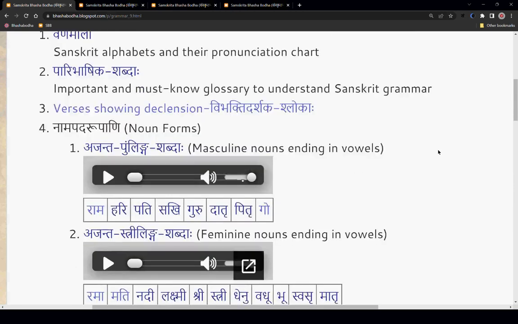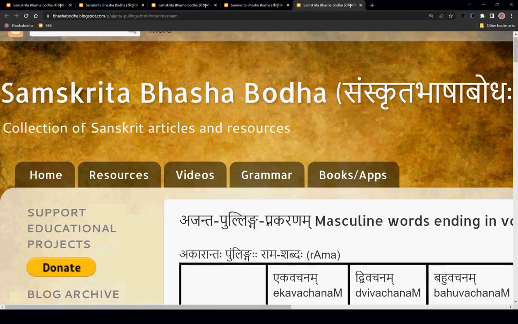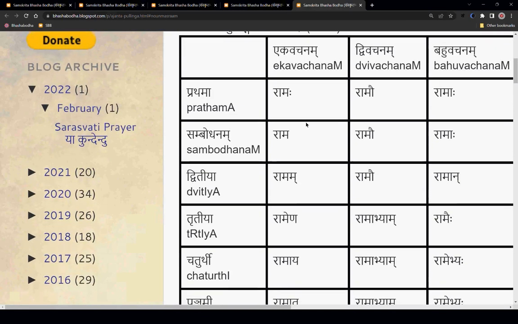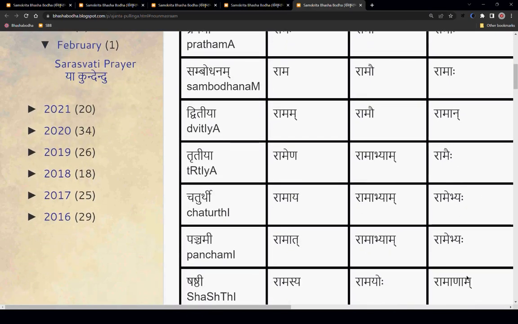At least once you just glance through these vibhakti tables. If you have a book, that's great. Otherwise, these are given here. Like here you go to Ramaha. So here, this is Prathama. But Rama is also visarga. Everywhere is visarga, right?